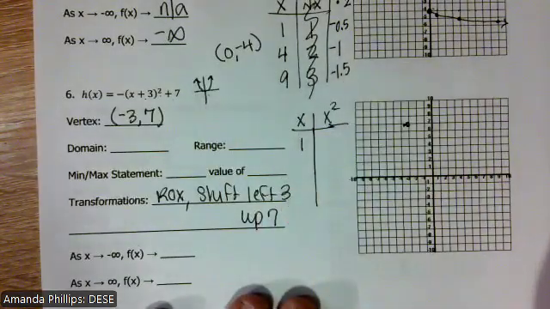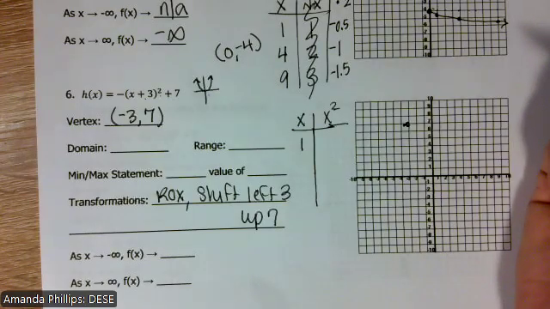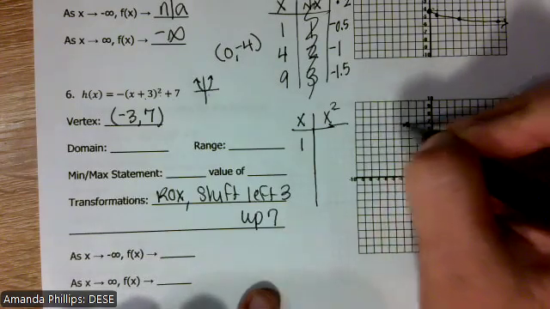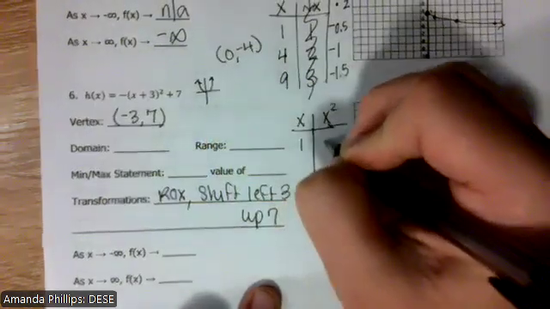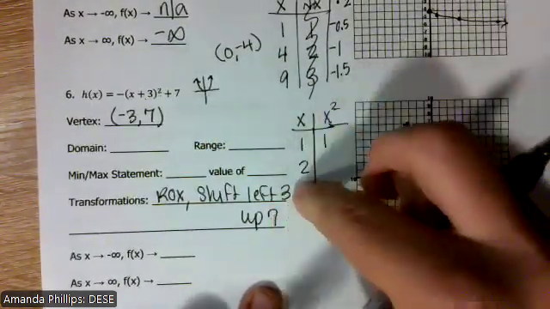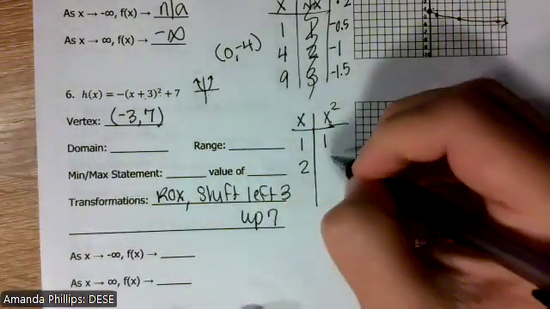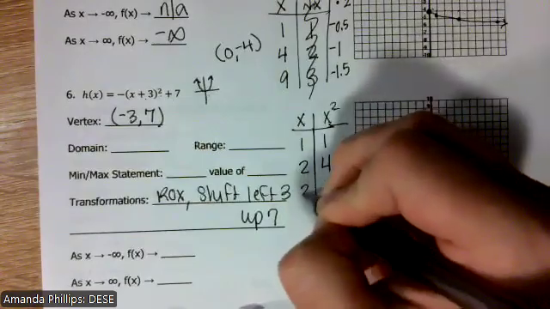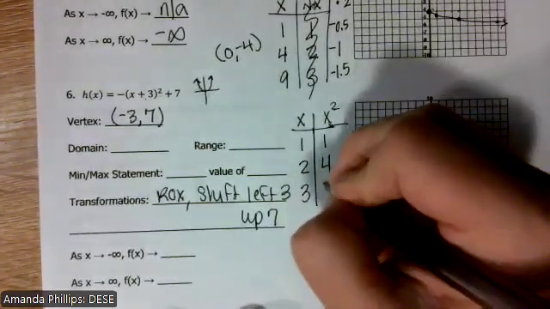So when I put 1 there, I really don't need to write +1 or -1 because I know it's going to happen on both sides because the parent is symmetrical, okay? So 1 squared is 1. If I went to the left or the right for 2, I know that it would be 4. And if I moved to the left or the right for 3, I know it would be 9.